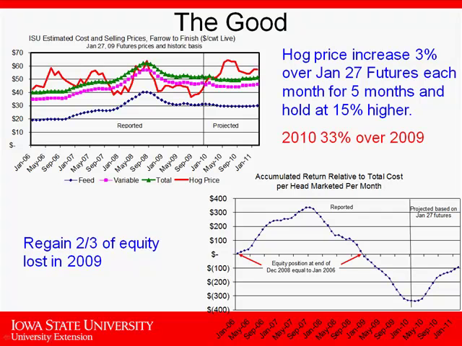We get up there, cash price above 60 through the summer months, stays profitable through the fall, and we recover, if you look at the lower graph, about 2/3 of the equity that was lost in 2009. Not all of it, but about 2/3 of it by the end of the year. Okay? So if that's a good scenario, what does ugly look like?